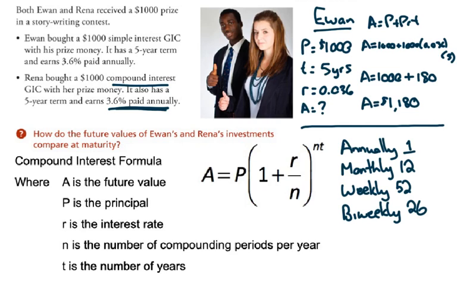So I'm just going to flip the page to do Rena's calculation here. We still know her principal is $1,000. Her term is still 5 years. Her interest rate is still 0.036. But we also need to know n, the number of compounding periods, and because her interest is compounded annually, n will be 1.